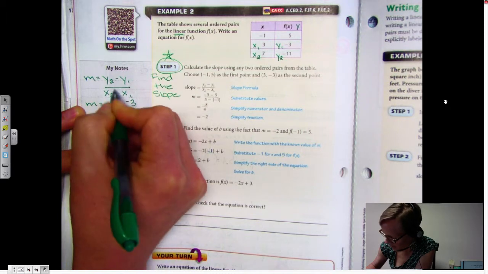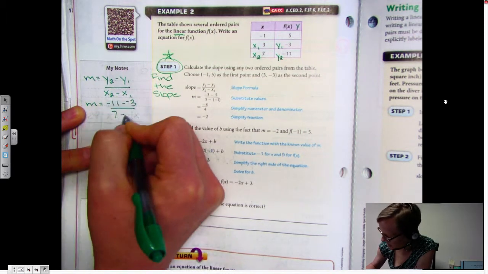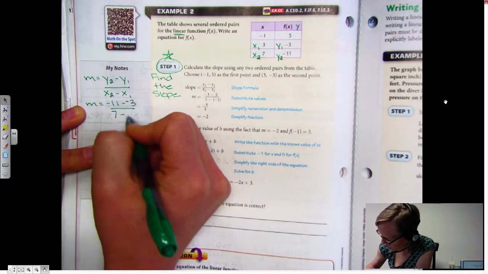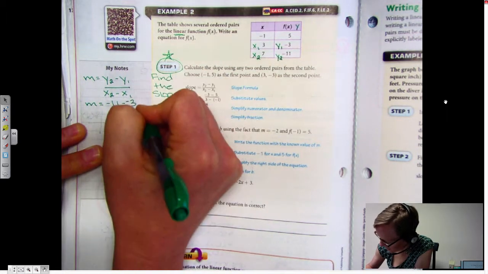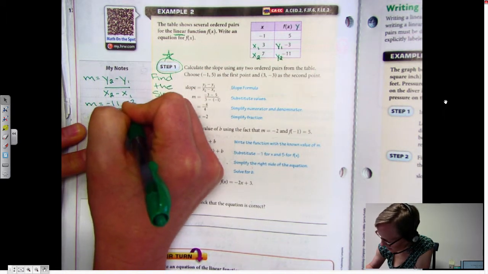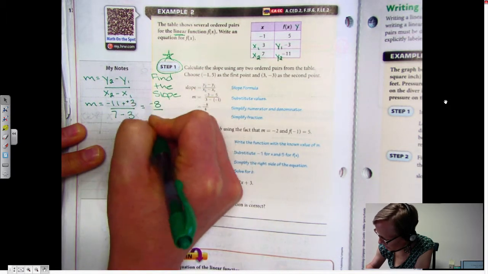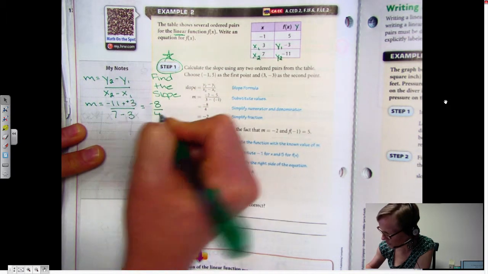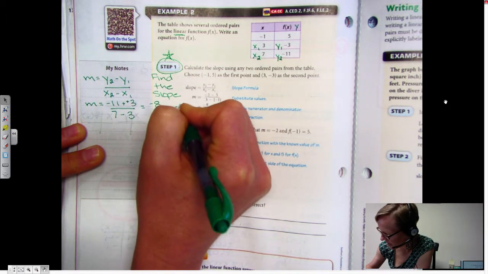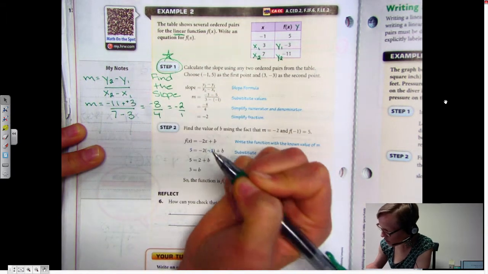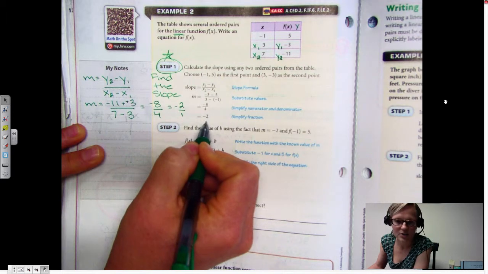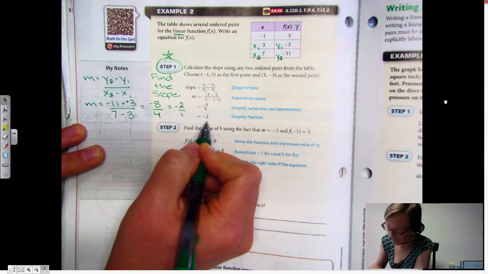I'm going to subtract, because the formula says to subtract, my first point's x value, which is 3. So when I simplify this, I get negative 11 plus 3, negative 8 over 7 minus 3 is 4. And when I simplify this, I should get negative 2 over 1, which is what they got over here, which is a slope of negative 2.